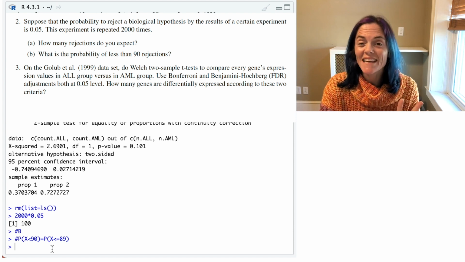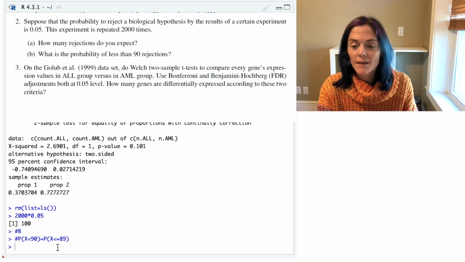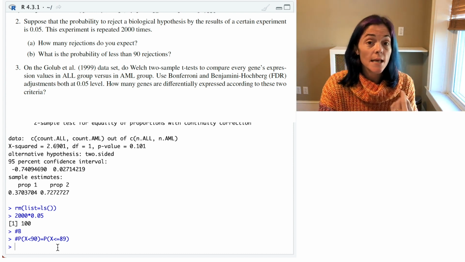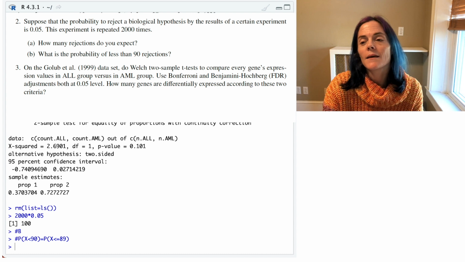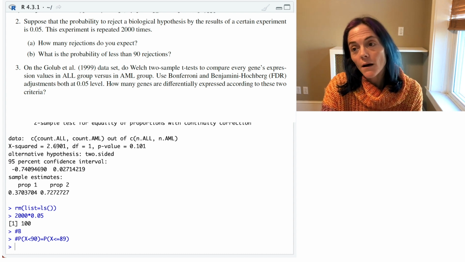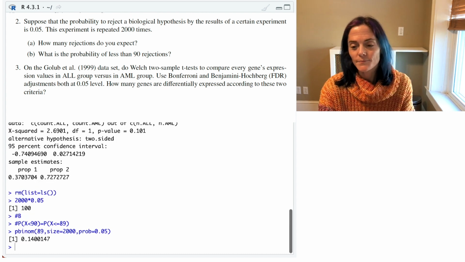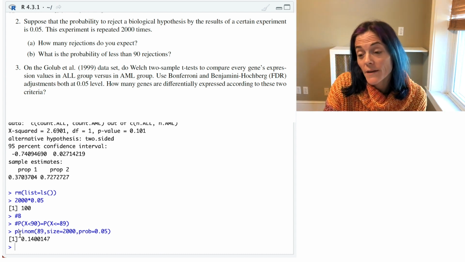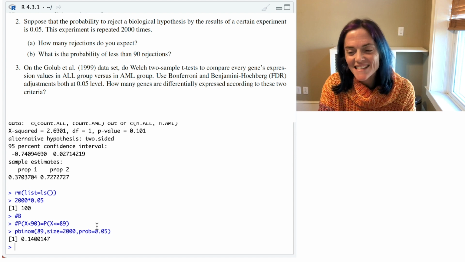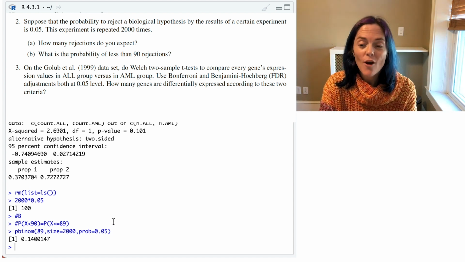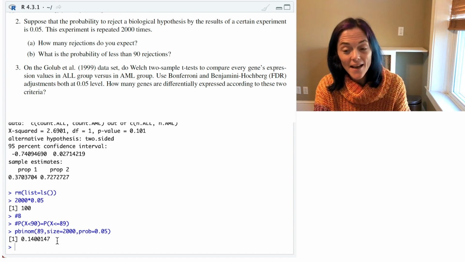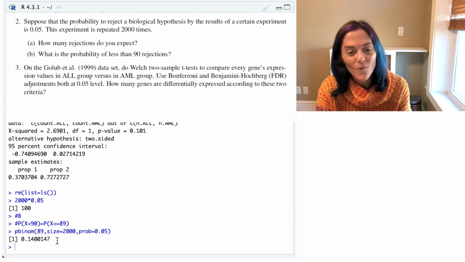So this is discrete, which means the probability that x is less than 90 is equal to the probability that x is less than or equal to 89. This is what we can use R for. We want the probability of a binomial random variable with size 2,000 and p is 0.05, that it's less than or equal to 89. And here we have our answer, 0.14.